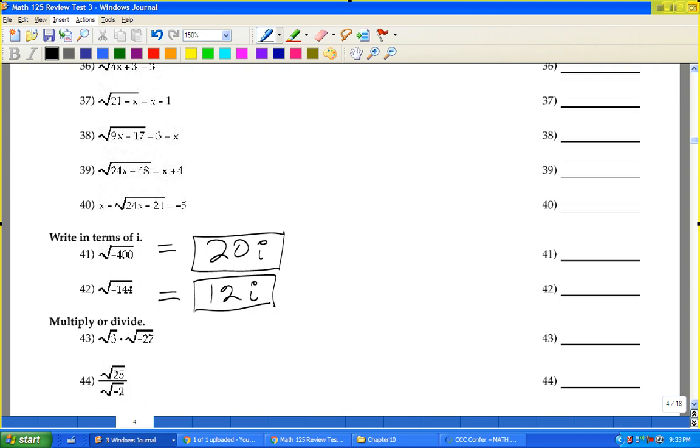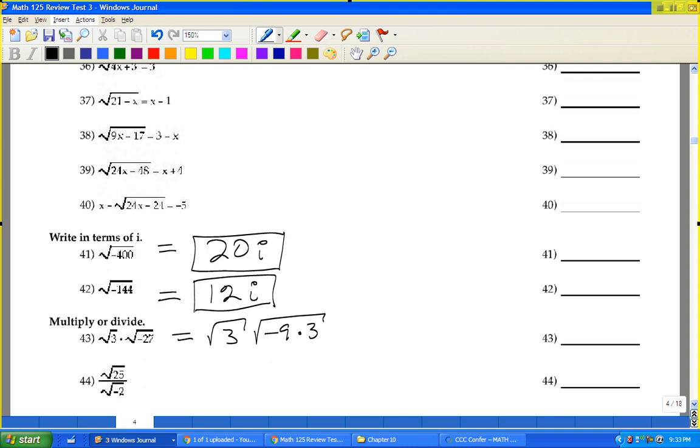Let me do problem number 43. And so it says here, multiply or divide. And so let's multiply this. I have rad 3 times the square root of negative 27, which is the same as the square root of negative 9 times 3.